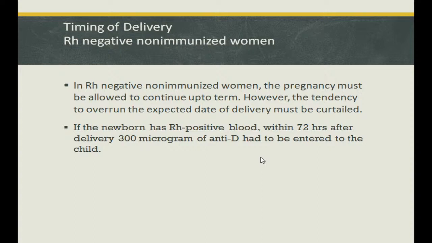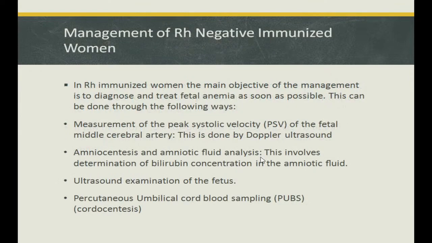Specific prophylaxis means 2 doses which are given one after another, at 28 weeks gestation and within 24 to 72 hours after delivery of a child who is rhesus positive. Delivery of the child gives the possibility to evaluate the rhesus factor. If rhesus negative, it is not necessary to give the immunoglobulin. If positive, give it.